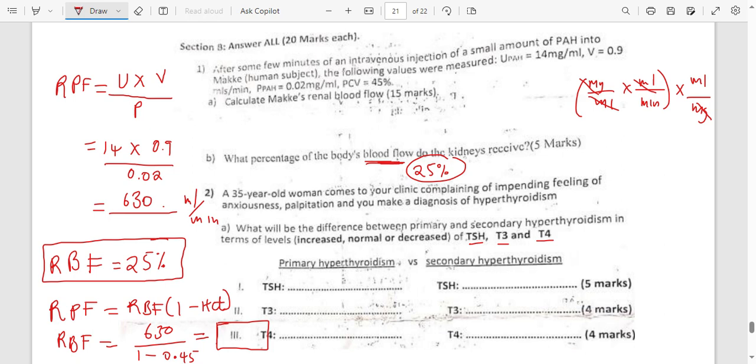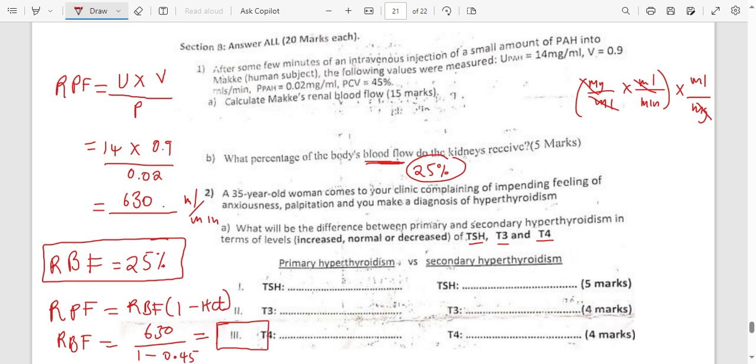So, primary hyperthyroidism can be caused by a lot of things. T3 and T4, you expect them to be high, and then thyroid stimulating hormone is going to be low. The problem, remember, is with the gland itself.